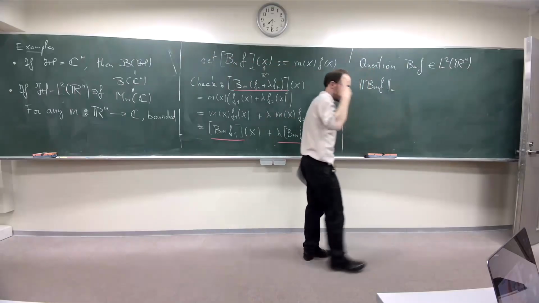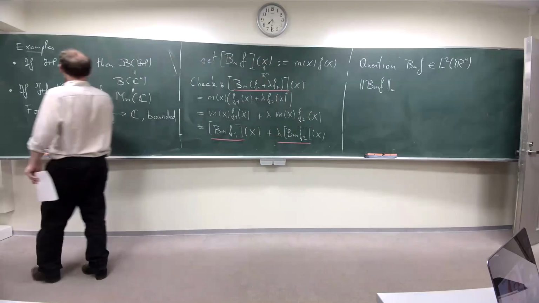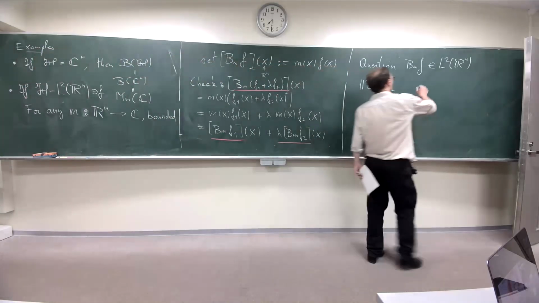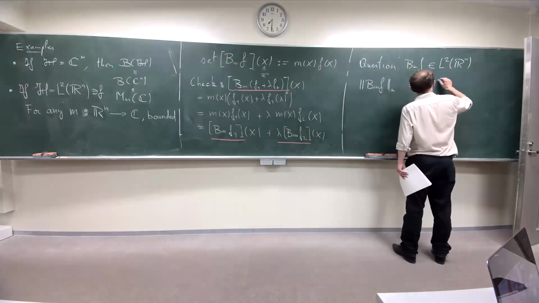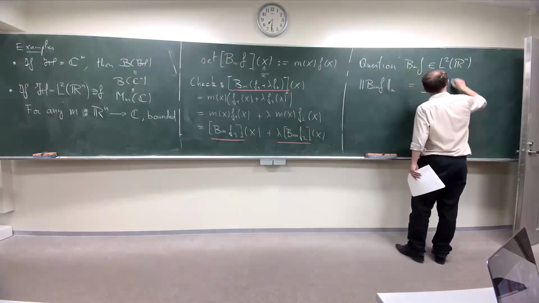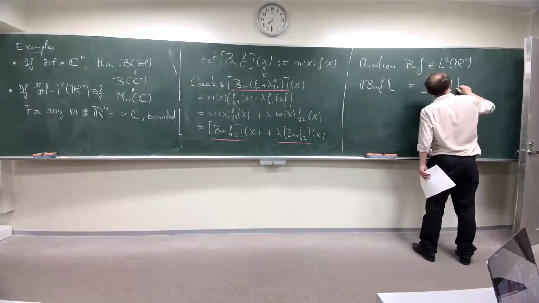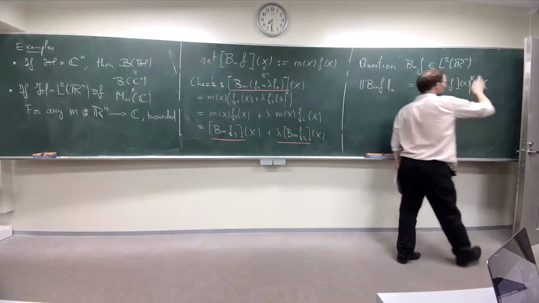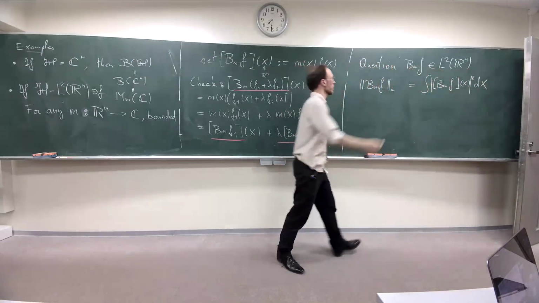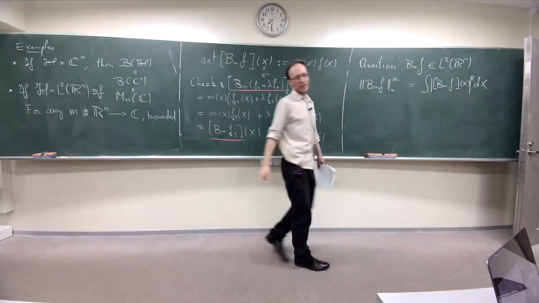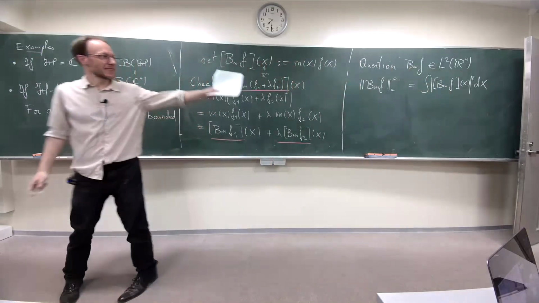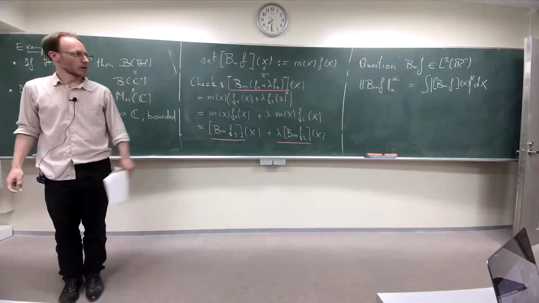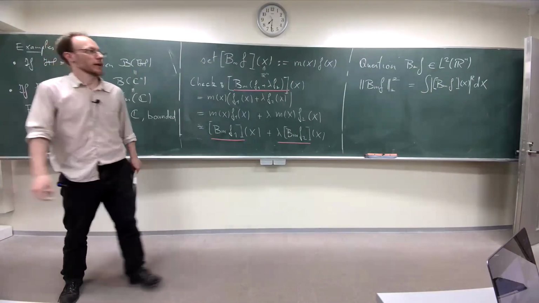I can put a 2 just to remind you that we are dealing with L2. This is the integral of B_M f, by definition, at x squared dx. I should take a square root, but I'm lazy, so it's easier to put a square here, or otherwise you put a square root everywhere. But I compute this norm squared.